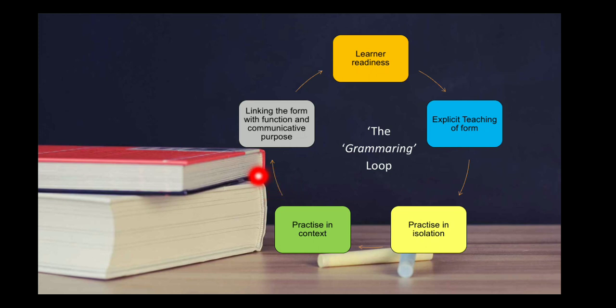This is how you ensure that the form is linked with the function and the communicative purpose. You can give more practice in real life situations. So they emulate the real life situation and practice the grammar concept. So this is how you work in the grammaring loop.